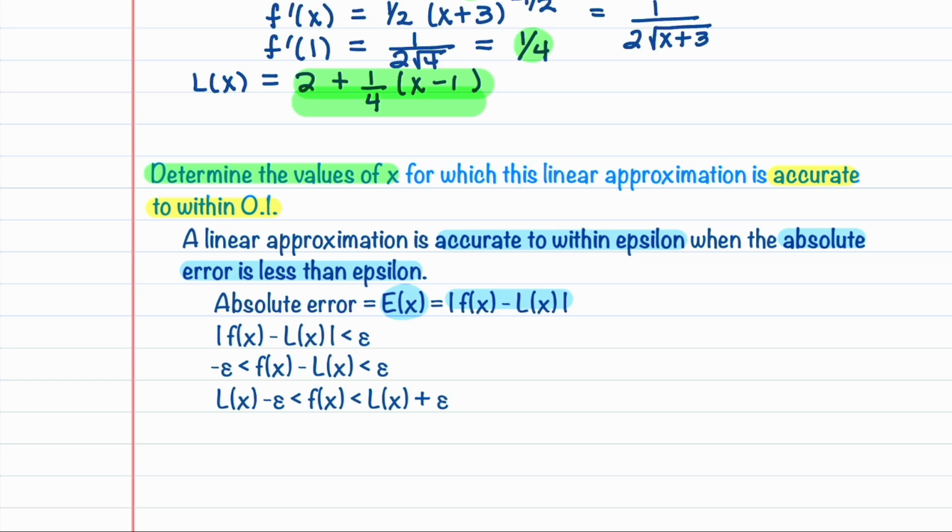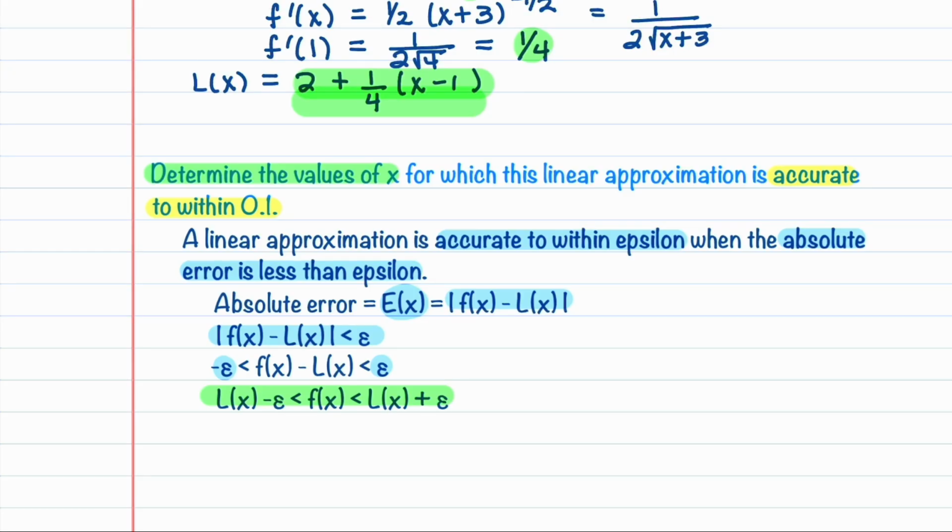So we say that this absolute value is less than epsilon, and then to make things easier, we get rid of the absolute value, and we put epsilon on either side, and then we know that our function is going to be between L of x minus epsilon and L of x plus epsilon.